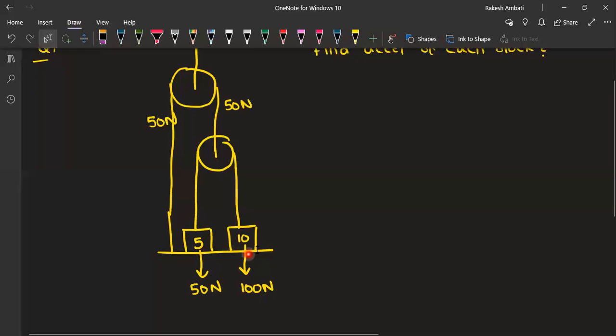In the same way, to lift this 10 kg block, minimum we require 100 newtons. So these are the minimum values we require.